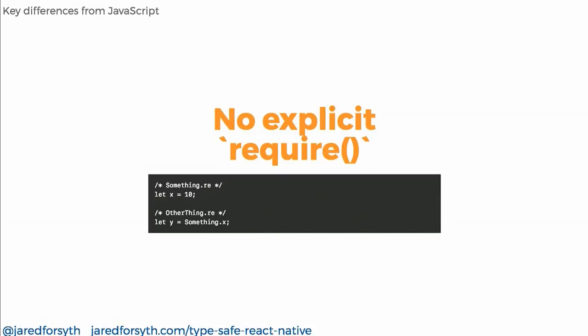I don't have explicit exports. And so an example here, if we're in something.re, we do let x equals 10. In this other thing.re, we just reference it as something.x. And it turns out this actually scales fine to larger projects. And I haven't seen it be a real blocker in the long run.